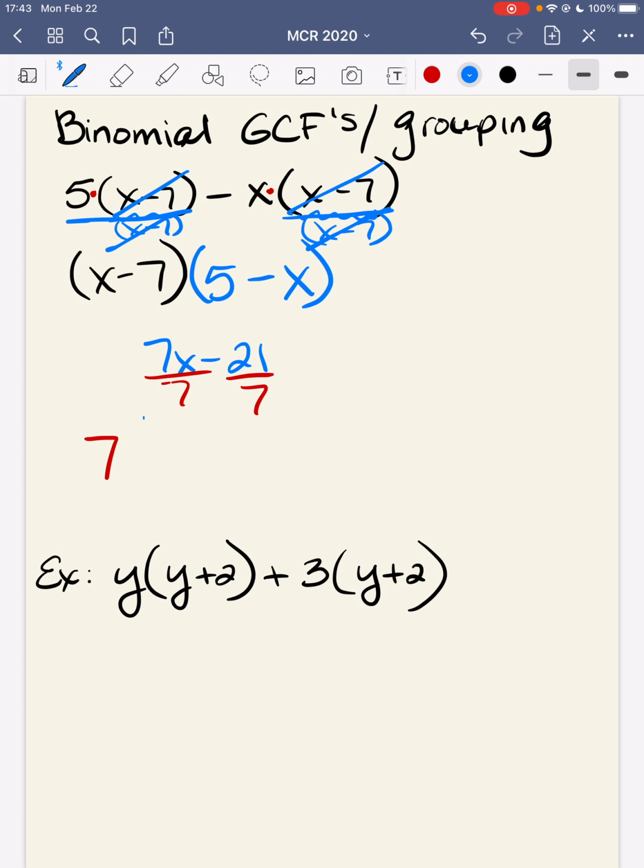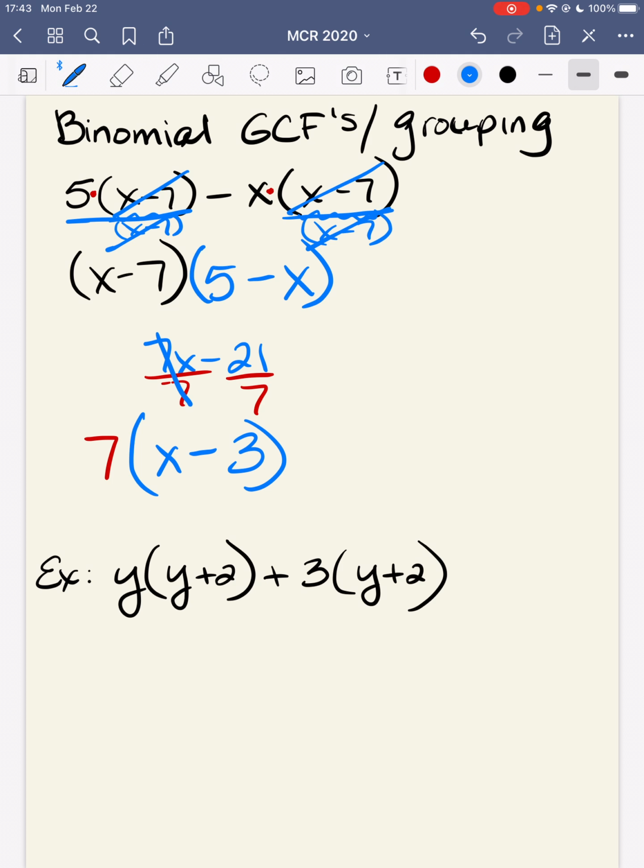What we then do is put a set of parentheses, and whatever's left over from the division goes in the parentheses. So these 7's cancel, leaving me with x minus 21 divided by 7 is 3. And when I distribute this, I should get back to where I started from. So this is the same idea, except we're applying it to a binomial that is bound to something outside of it by multiplication.